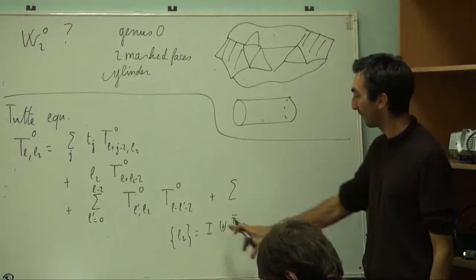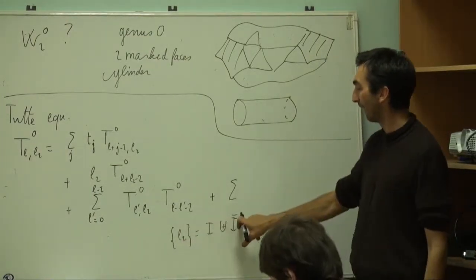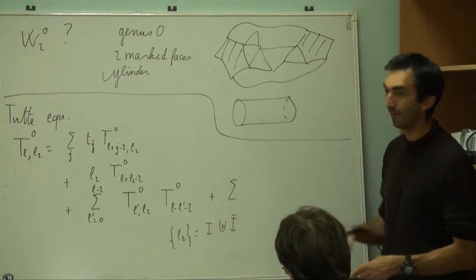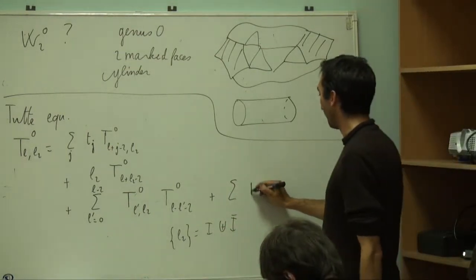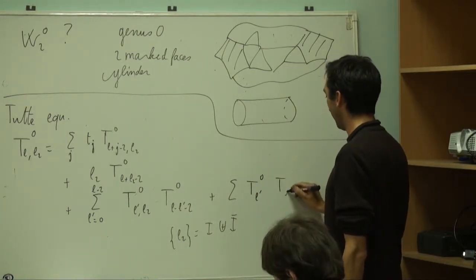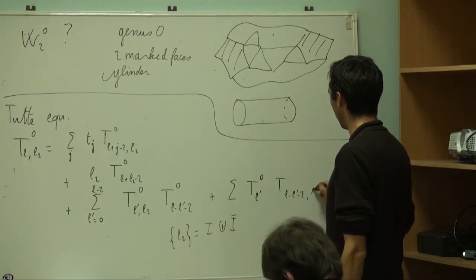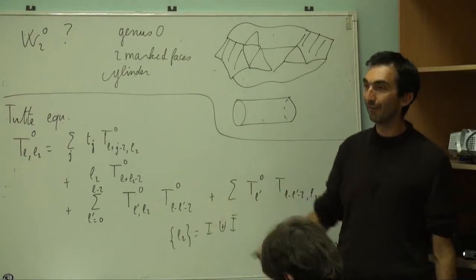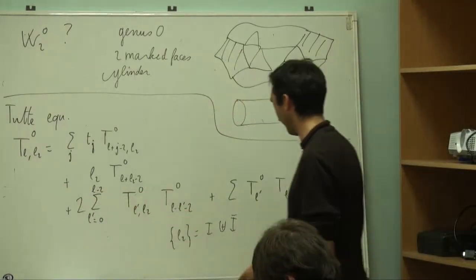So there are two possibilities: either I is equal to L2 and I bar is empty, or I is empty and I bar is equal to L2. So we can say this is T_{L', 0} T_{L-L'-2, L2}. But of course, this term is equal to that term, so you can just put a factor of 2 in front.